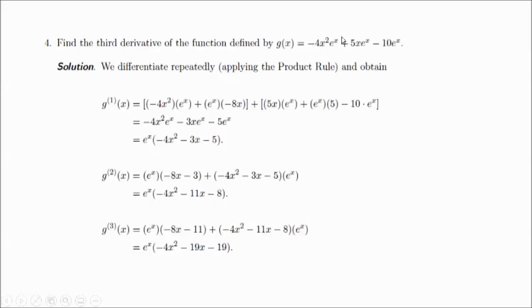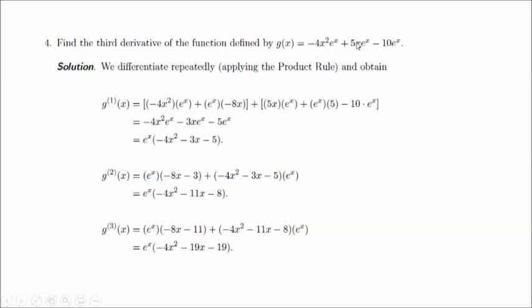Negative 4x squared multiplied by e raised to x. Di ba? So copy the first term. Derivative ng e raised to x, class, is e raised to x. From the previous lesson natin, di ba? And then copy e raised to x. Derivative ng negative 4x squared is negative 8x. Okay? So ito yung derivative ng, class.